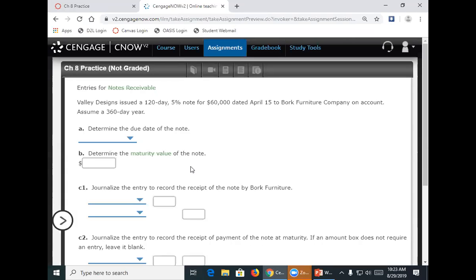Well, this was a 120-day note. So how many days do I have left on it? 13 days. So when I get to August, it's going to come due on August 13th. Basically I got that by taking 120 minus the 107.